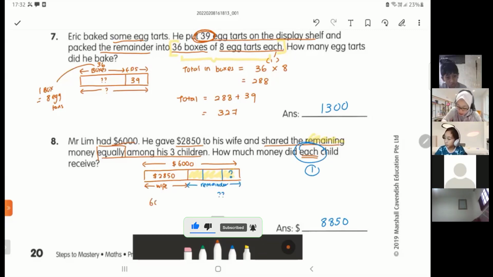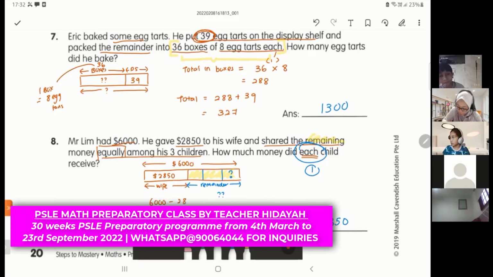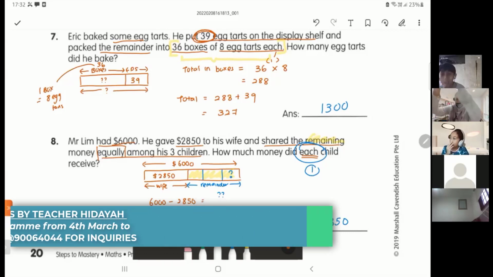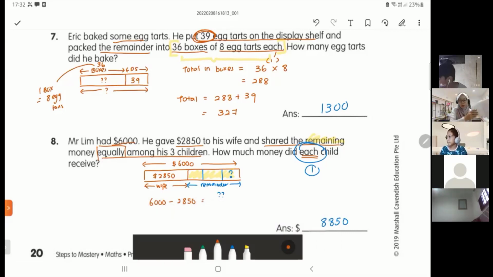So 6,000 minus 2,850 equals to 3,150. So our remainder here is actually 3,150.